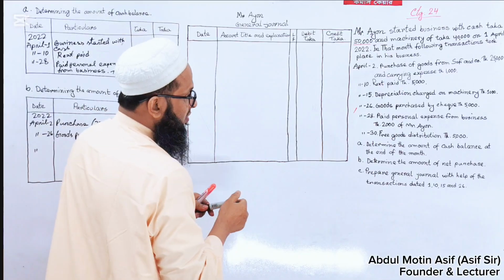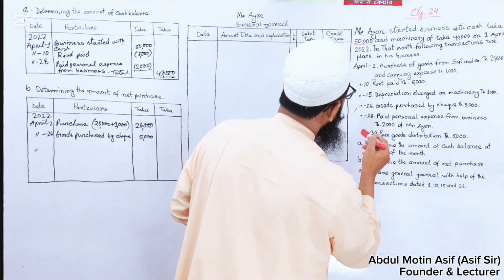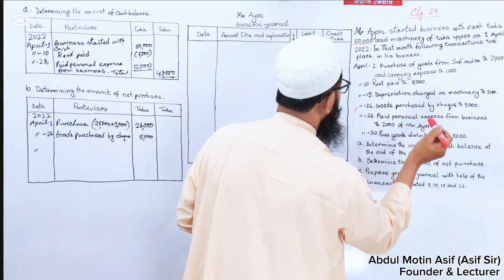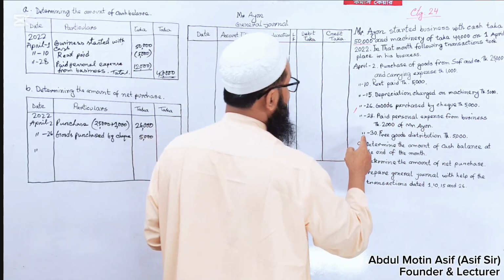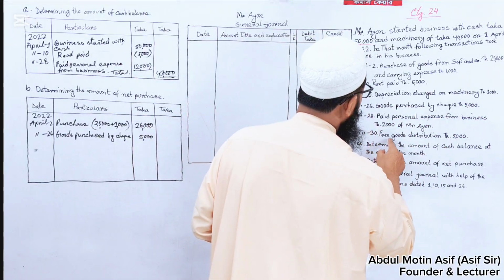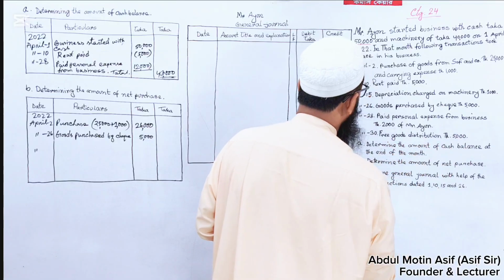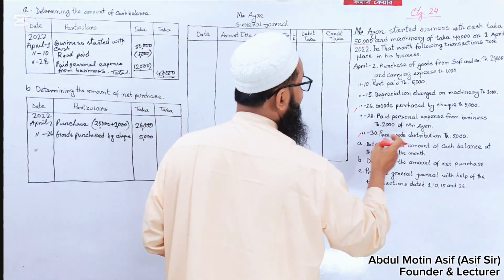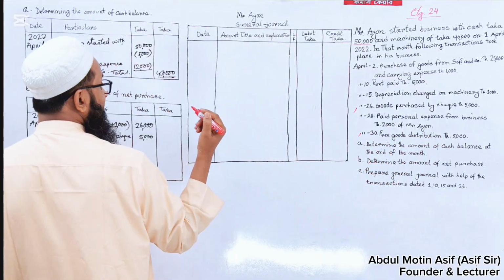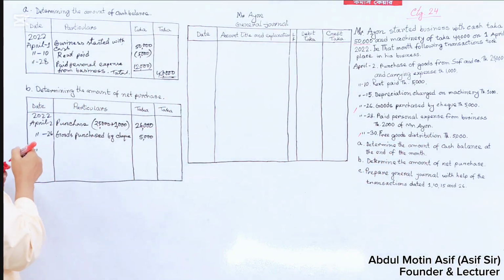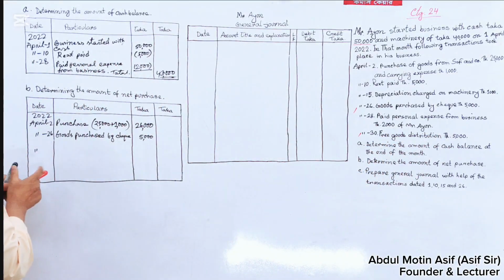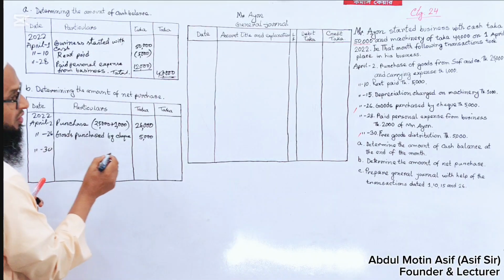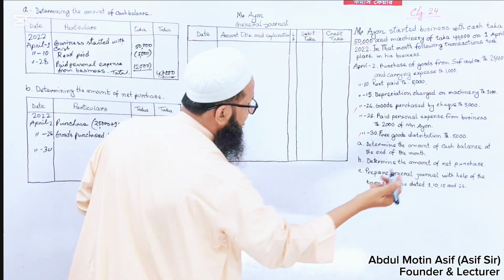Then April 28, paid personal expense from business, is not a purchase related transaction. April 30, free goods distribution taka 5,000. Dear students, it's a purchase related transaction. For that we write this transaction, April 30, free goods distribution.